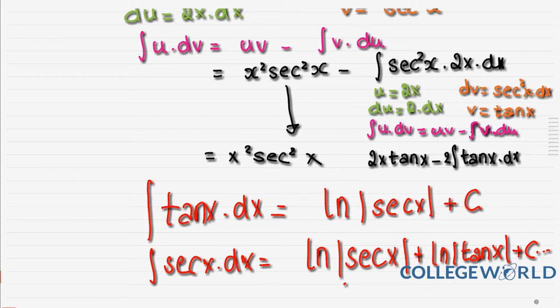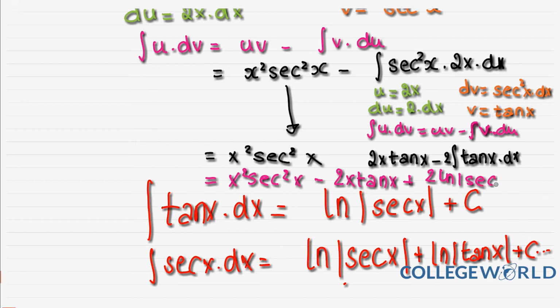For now, this is the one I need you to know in order to be able to replace your final value, which is x squared sec squared x minus, because here it's a negative, 2x tan x, and this will become a plus 2 ln sec x plus c, and that will solve it.